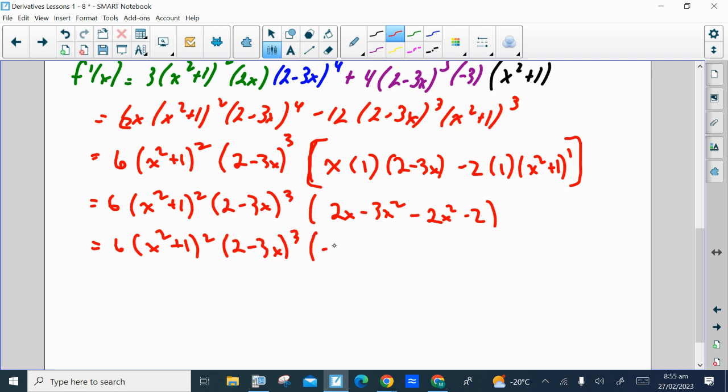So that'll give us our last term of negative 5x squared plus 2x minus 2. So there's the final simplified answer.